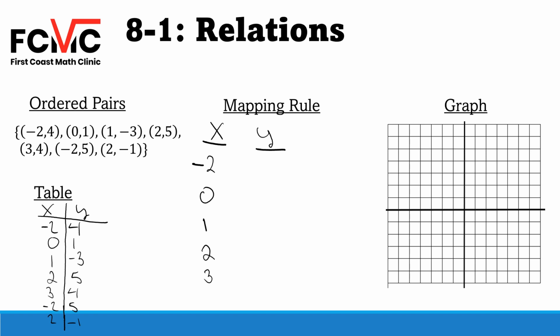And our y values, we've got a 4, a 1, a -3, a 5, and a -1. So let's map these. -2 is here and here, so we have -2 mapped to 4 and -2 mapped to 5.